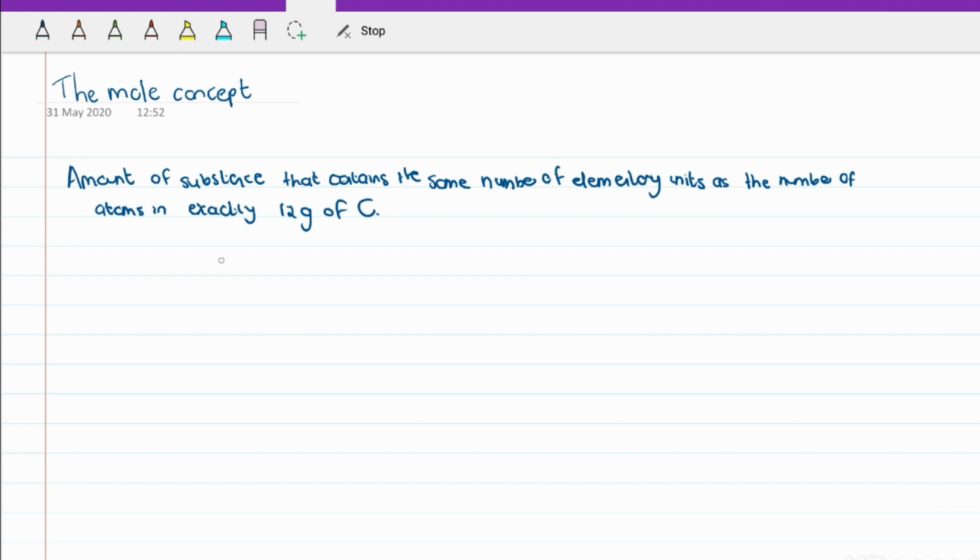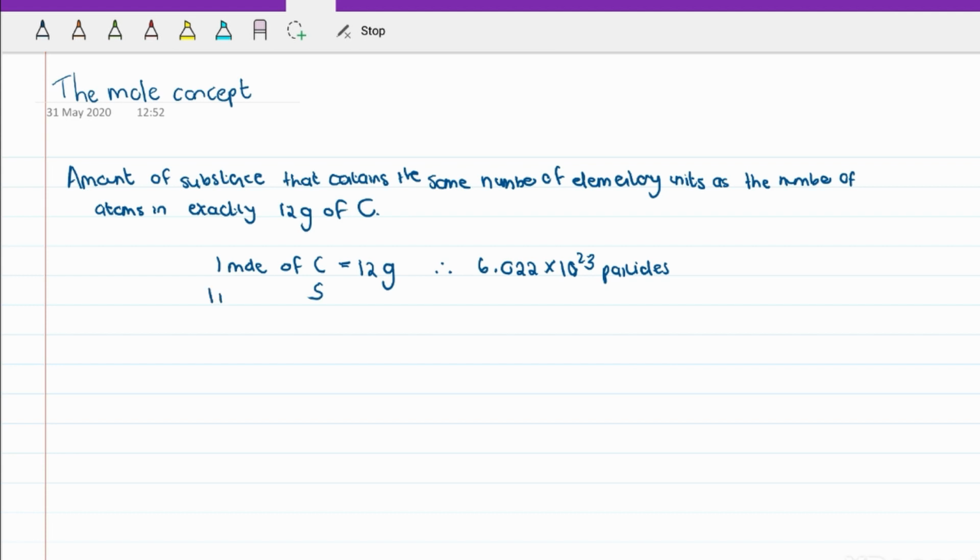But like I said in the previous video, 1 mole of carbon is 12 grams, and that is 6.022 times 10 to the 23 particles. And that's the same for your other elements. So what about sulfur?